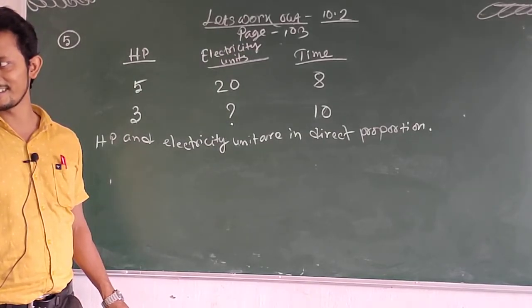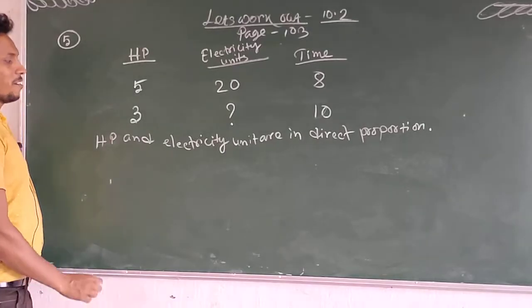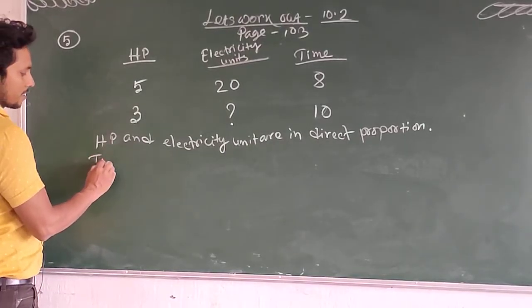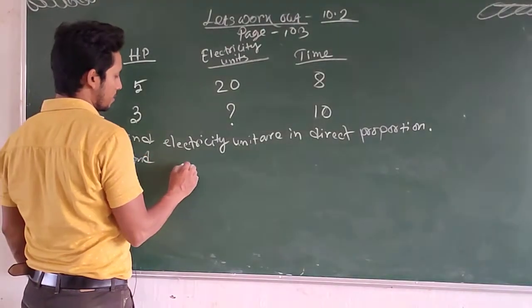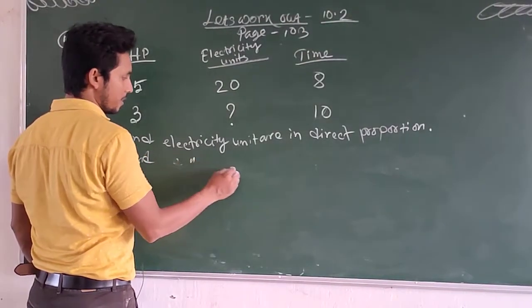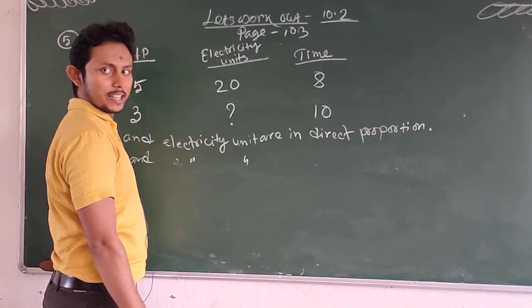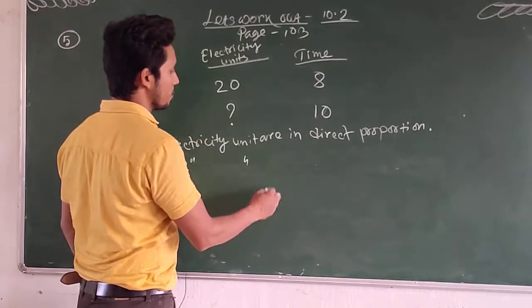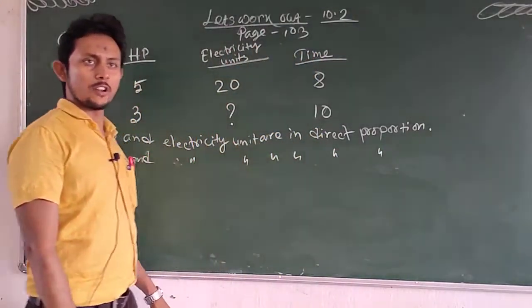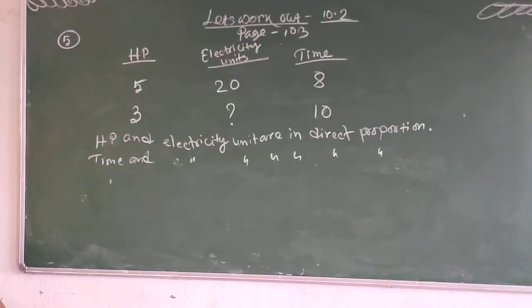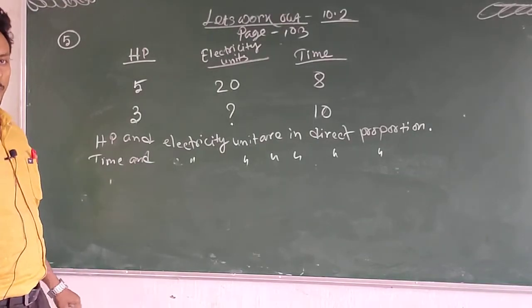So here time and electricity unit, let me write dot dot. Time and electricity unit are also in direct proportion, yes or no?